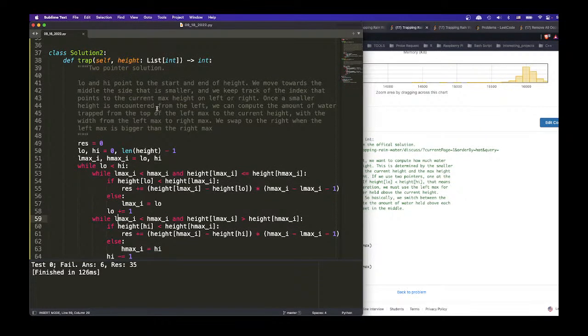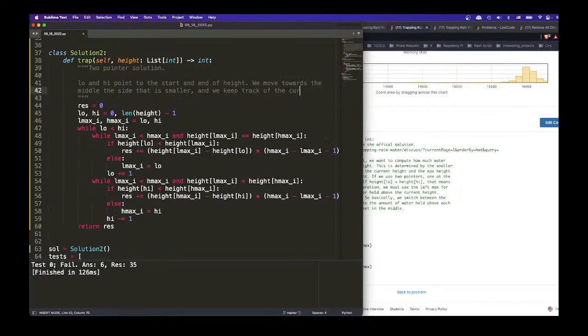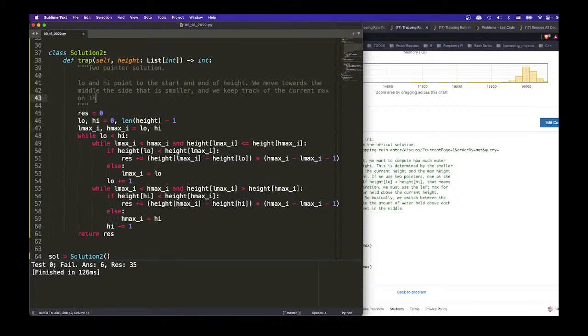We move towards the center, the side that is smaller, and we keep track of the current max on the left and right.